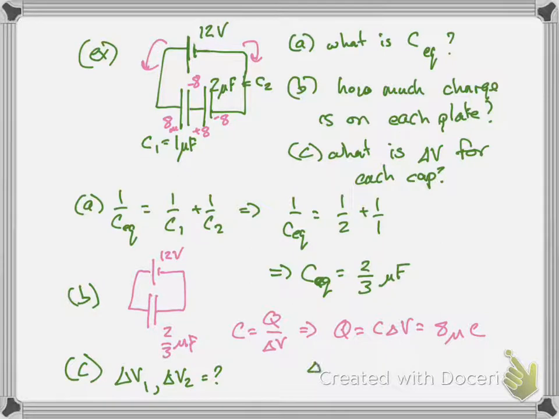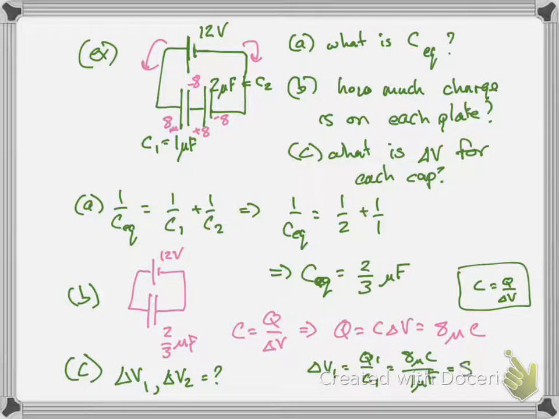Well, I always have to write C equals Q over delta V in order to remind myself. So delta V1 is Q1 over C1. Q1 is 8 microcoulombs and C1 is 1 microfarad. So delta V1 is 8 volts, and therefore delta V2 is 4 volts.